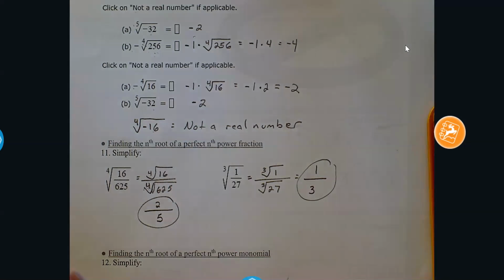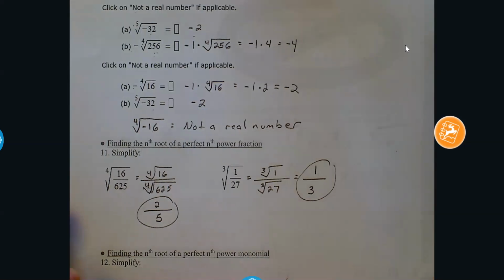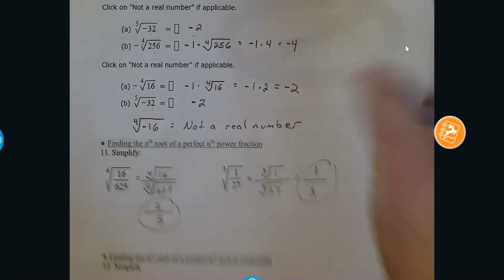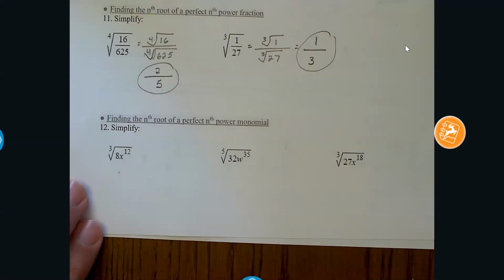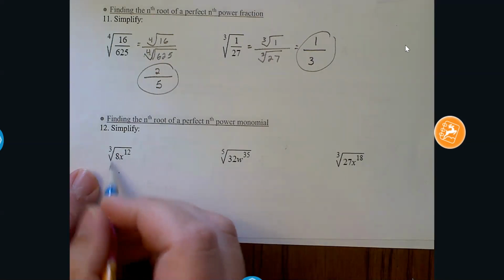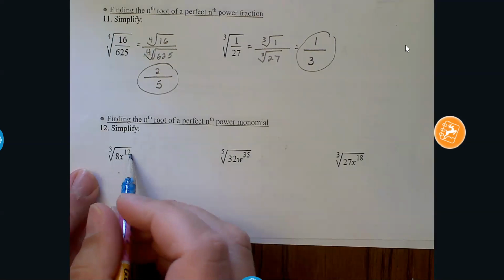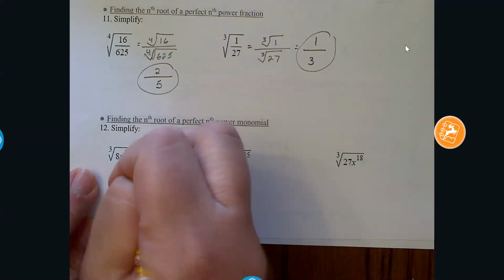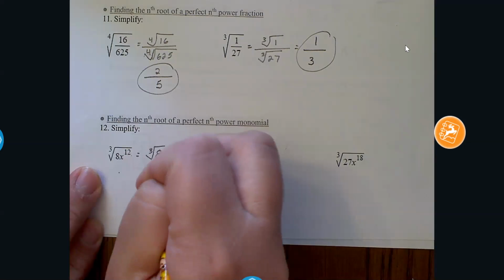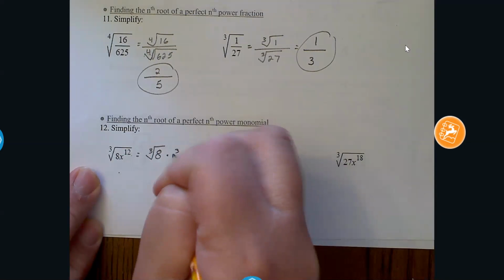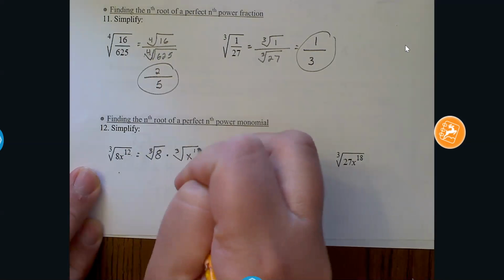Okay. Now the last topic on this first half of the Module 8 worksheets is we are finding the nth root of a perfect nth power monomial. Okay, so we have the cube root of 8x to the 12th. So I'm going to break this into the cube root of 8 times the cube root of x to the 12th.